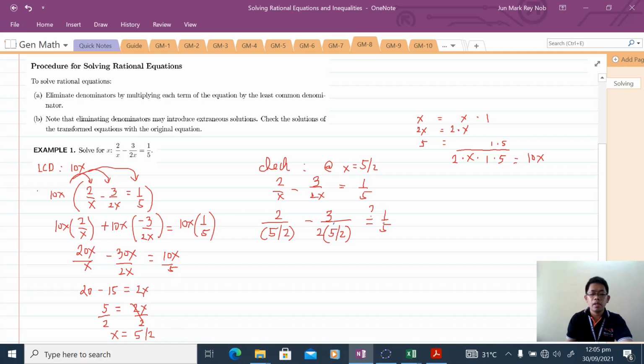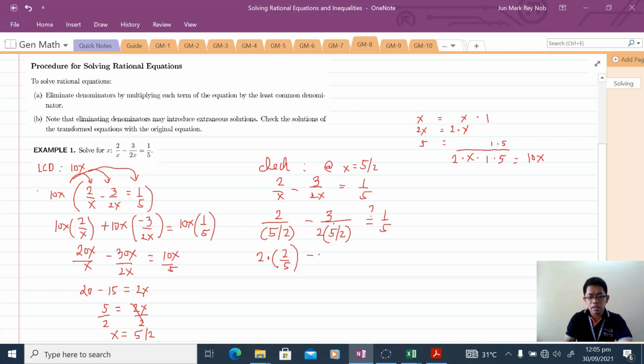Now, we can actually divide a fraction by another fraction. We can change the operation to multiplication, but we have to multiply the numerator by the reciprocal of the denominator. In this case, the denominator is 5 halves, and the reciprocal is 2 over 5.